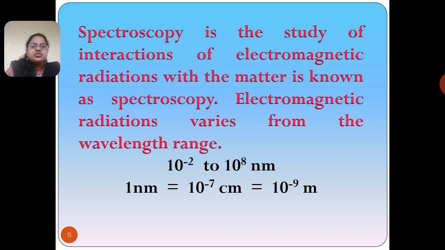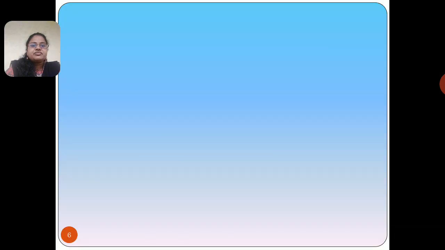Along with these, we should also know the value of 1 Angstrom. So 1 Angstrom is equal to 10 raised to minus 8 centimeter, that is equal to 10 raised to minus 10 meter. In the next slide, I am going to show you the chart of electromagnetic radiation with its corresponding wavelength range.